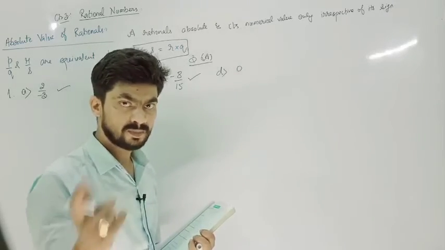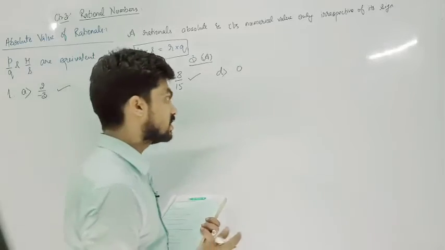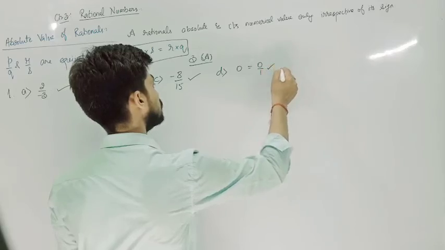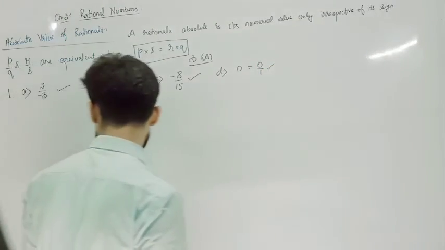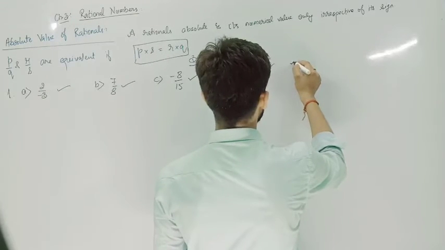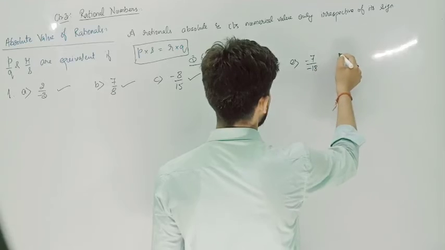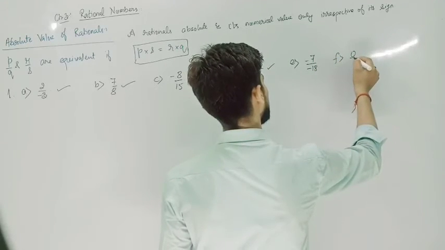Pause the video, think and then watch. You will think it is a rational number. You will say, sir, how? You can write 0 as 0 by 1. It is a rational number. E, minus 7 by 18. Again a rational number. F, 0 by 3. Again a rational number.